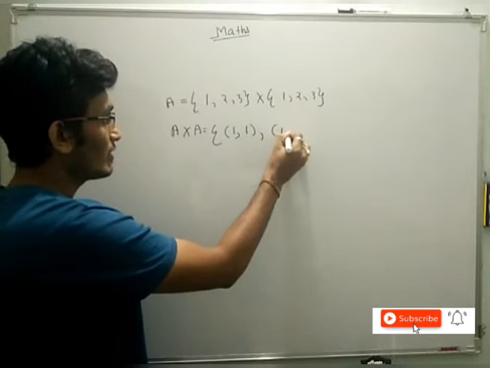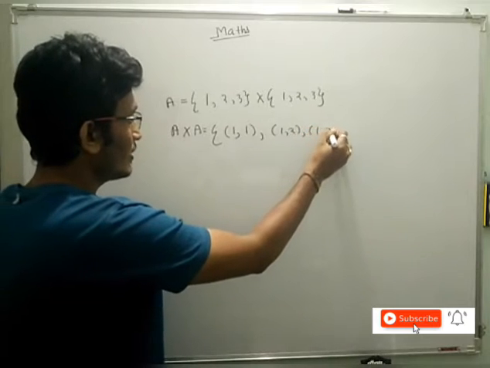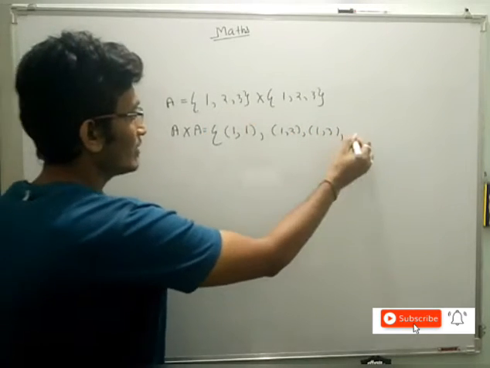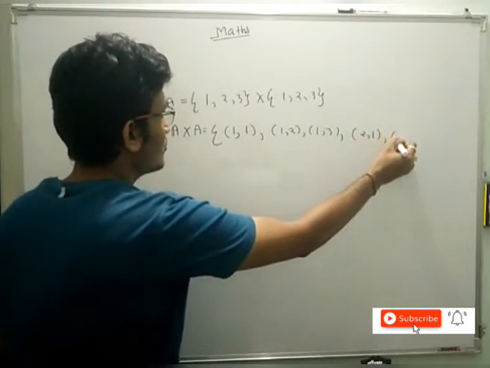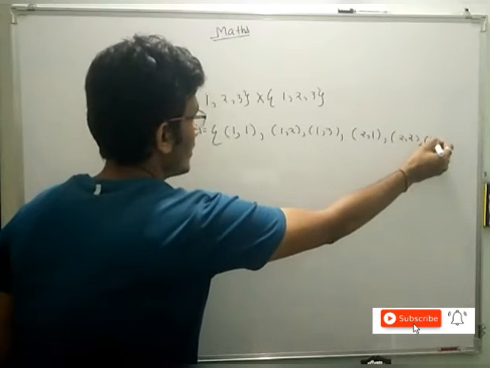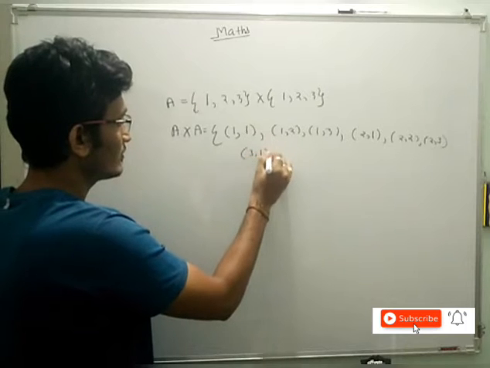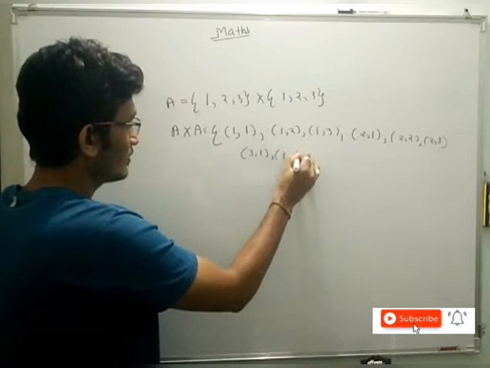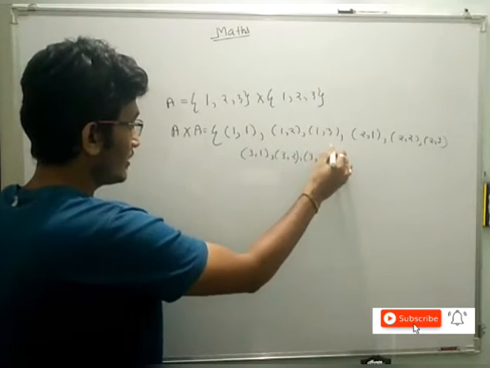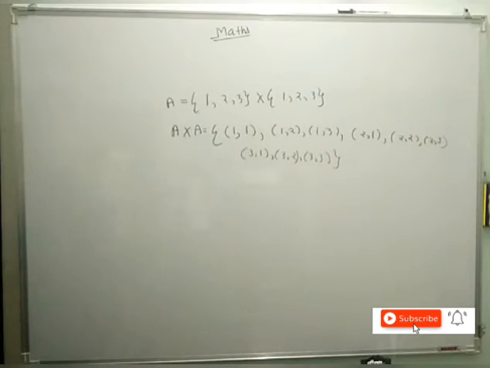Then next will be (1, 2), (1, 3), then (2, 1), (2, 2), (2, 3), then (3, 1), (3, 2), (3, 3). So this is the set A cross A.